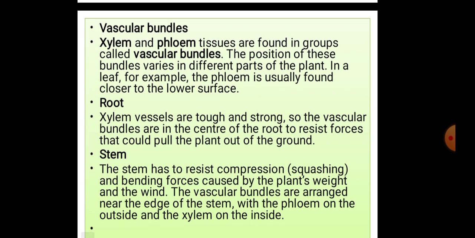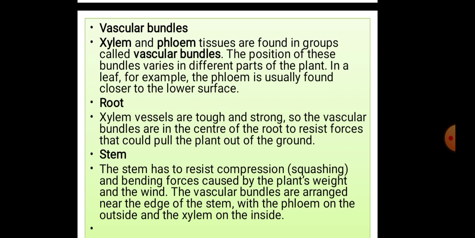The position of these bundles varies in different parts of the plant. In a leaf, for example, the phloem is usually found closer to the lower surface. In the root, xylem vessels are tough and strong, so the vascular bundles are in the center of the root to resist forces that could pull the plant out of the ground.